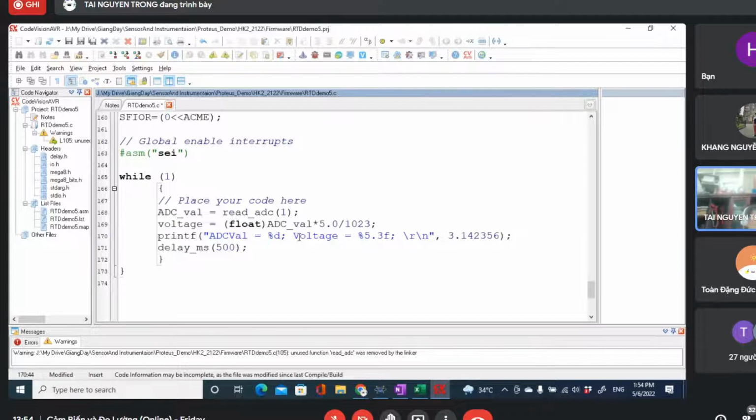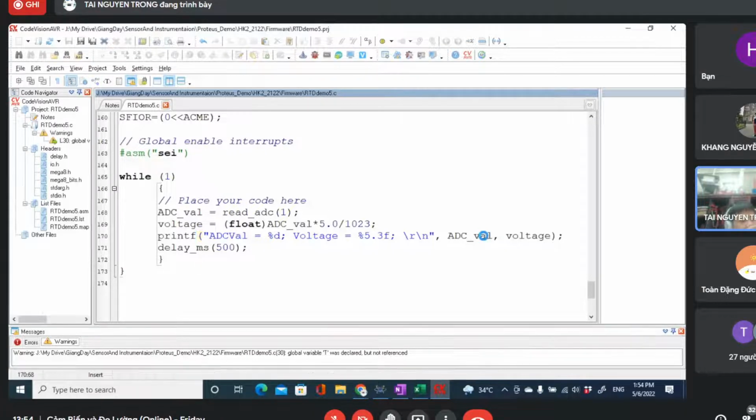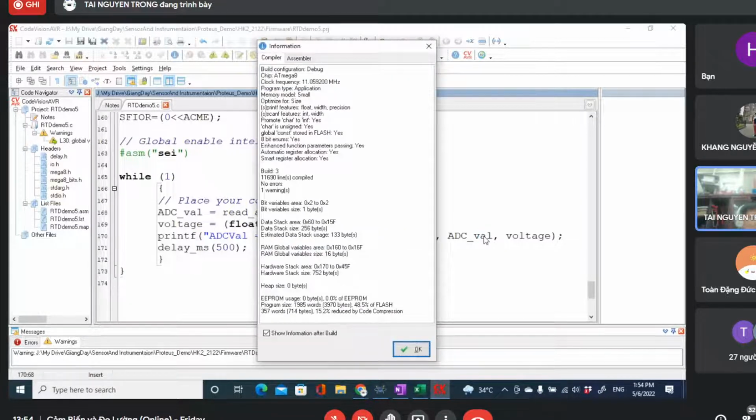We print first. Then we have ADC value and voltage. Then we run again.